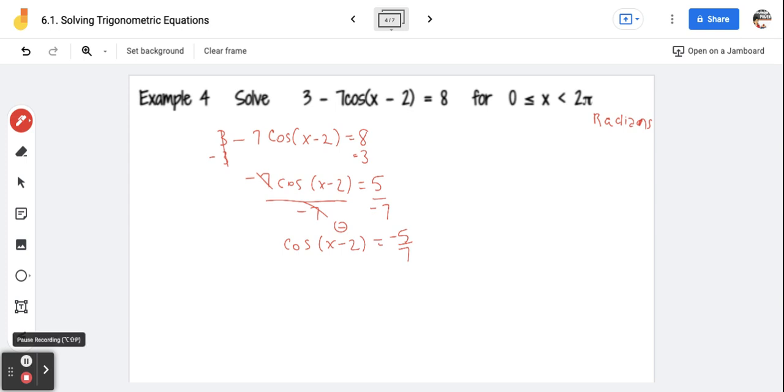I could use my online calculator. I have the Desmos calculator pulled up here, and I typed in the inverse cosine. Oh, I did inverse sine. I need cosine. Inverse cosine of negative 5 over 7, and it is 2.37.